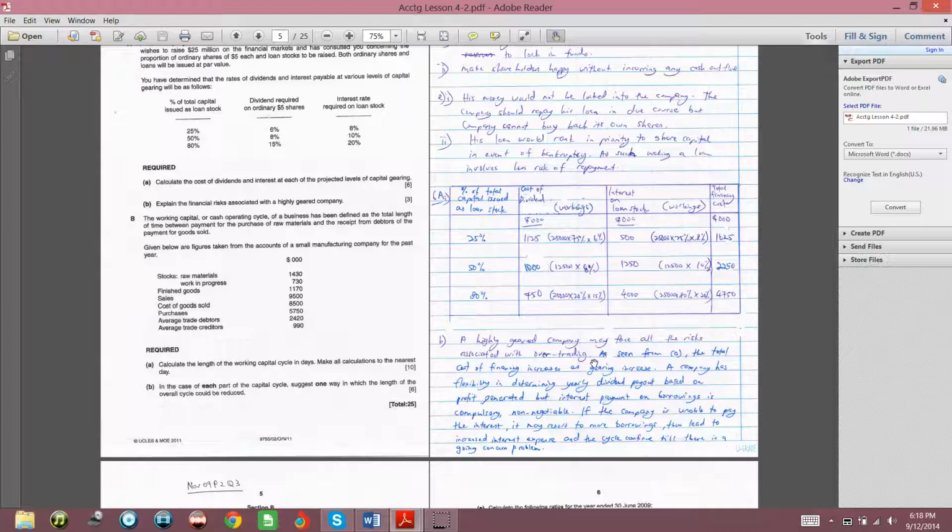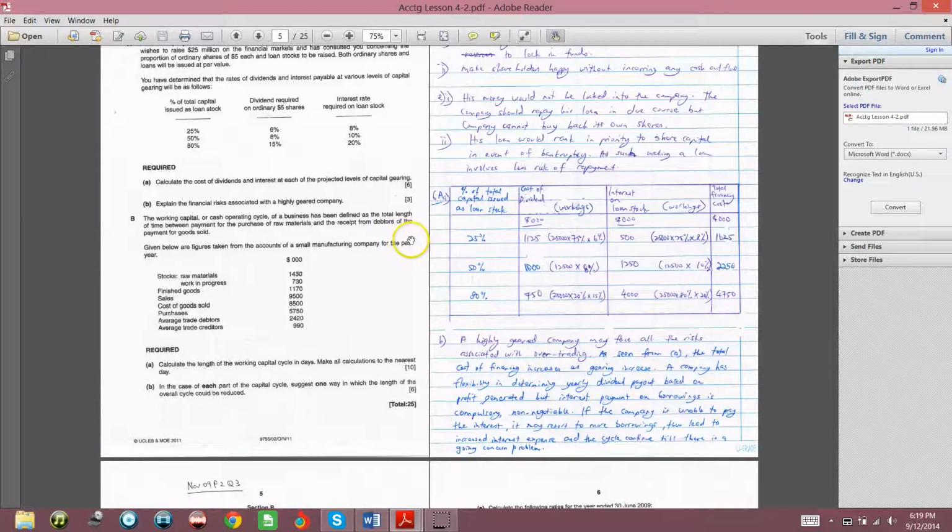And the cycle will go round and round. It will snowball, and after that the company will face liquidity problem. That means liquidity, that means no money. Liquidity, no money problem, and will require higher borrowings and higher interest costs. So this is over trading.